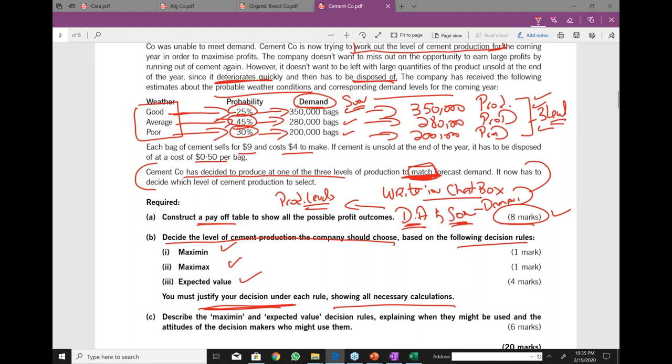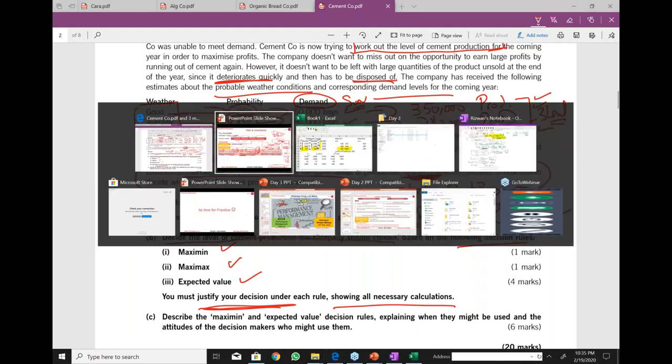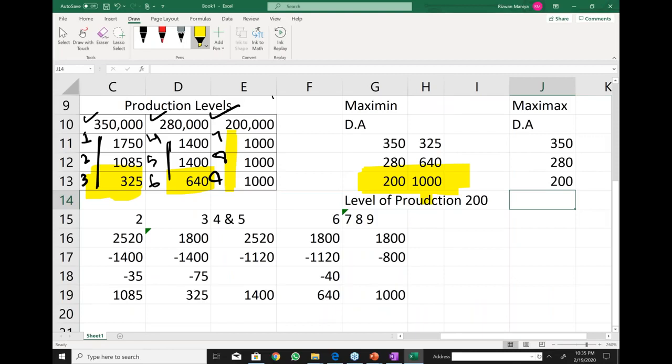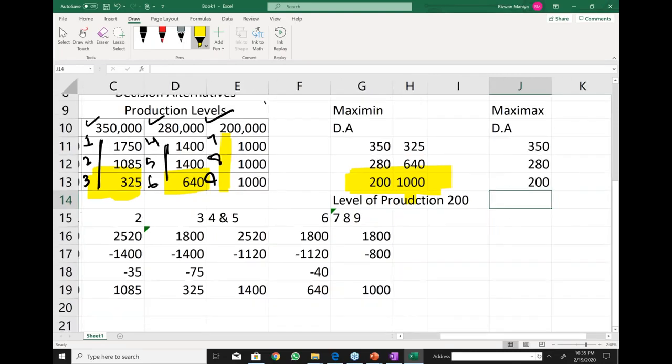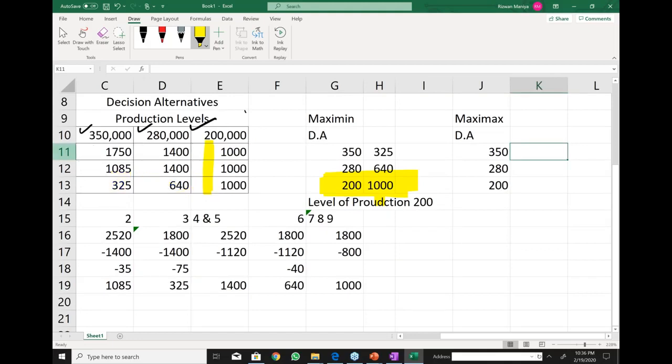Let's do the working. Can you tell me, for 350, what is the maximum one? 1750. For 280, what is the maximum one? 1400. And for 200, what is the maximum one? 1000.